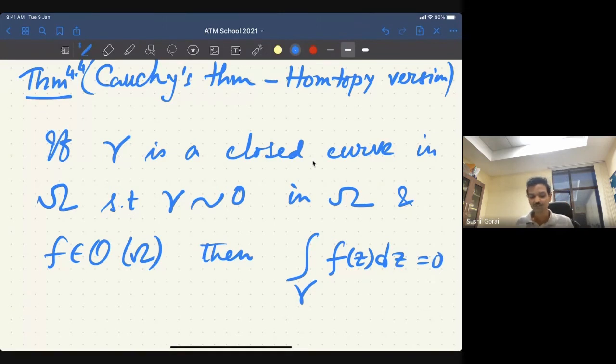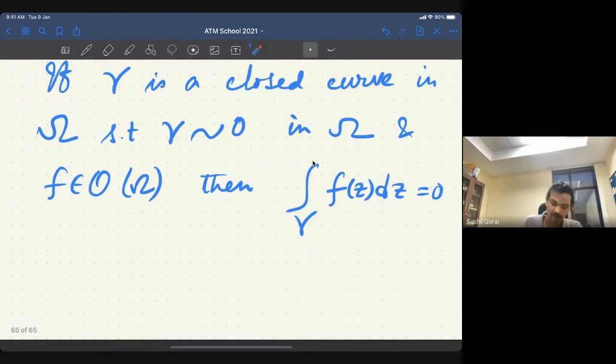So homotopic to 0 would imply this is homologous to 0, and hence the previous theorem gives it.